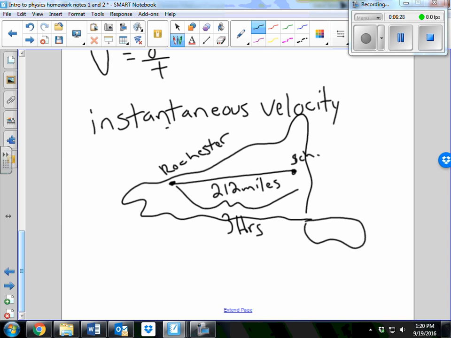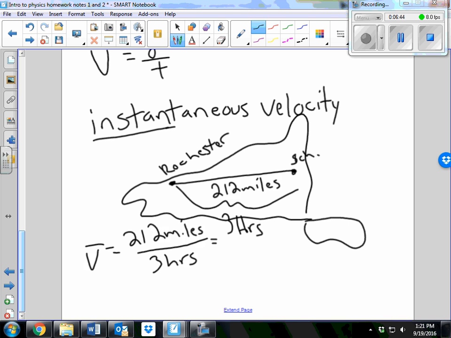Now, in terms of finding my average speed, if I said, hey, in miles per hour, what is it? You would take 212 miles and divide it by 3 hours, and you would get my average speed for that distance.